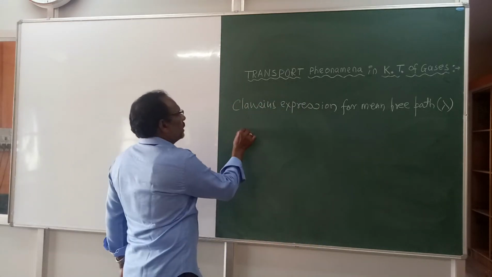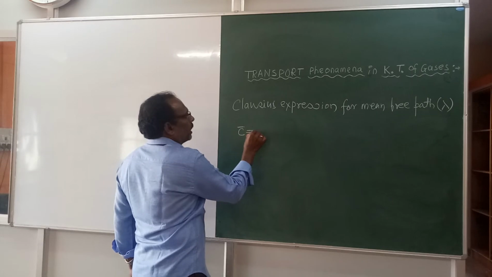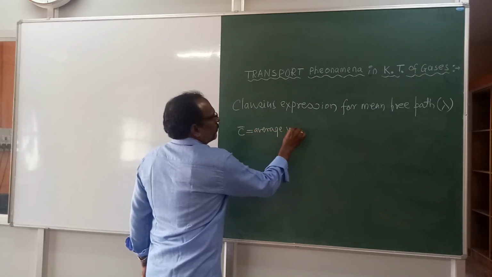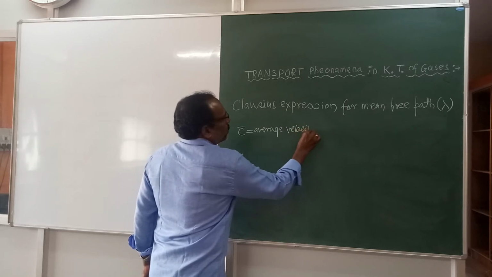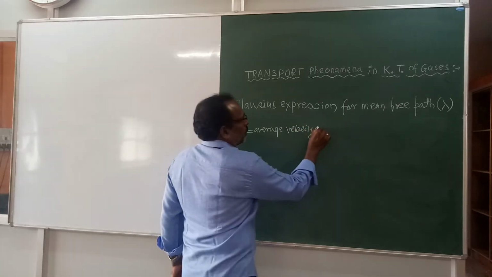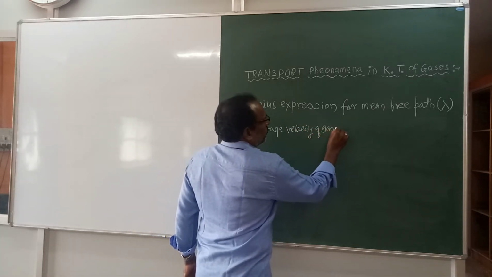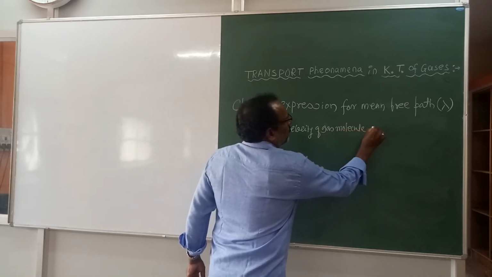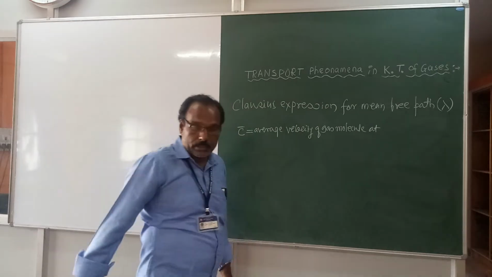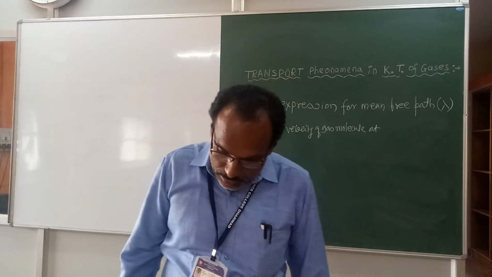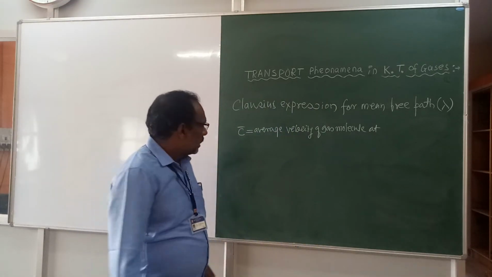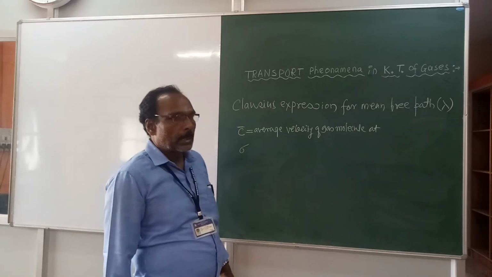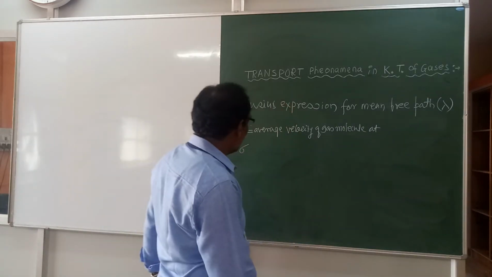For this, let C be the average velocity of the gas molecule at steady state. Let sigma be the diameter of a molecule.